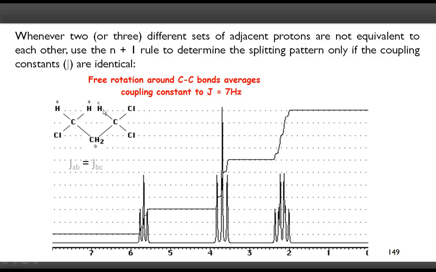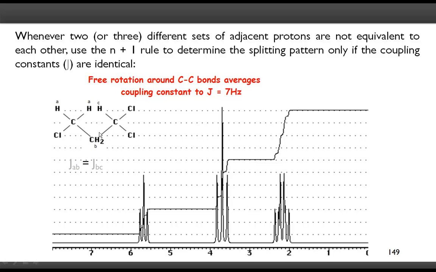So this hydrogen is coupling to the CH2, or the magnetic field of this is influencing the magnetic field of this to the same extent that these two would influence. So it looks as though it has 3 equivalent neighbors, but they're not chemically equivalent, they just seem to be of the same strength and same influence. So here the JAB, the coupling constant of A to B, is the same as the coupling constant of B to C. In that case, you can total them combined and then calculate the number of splitting patterns.